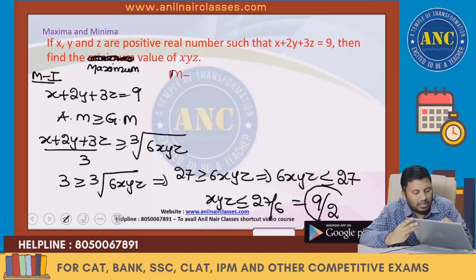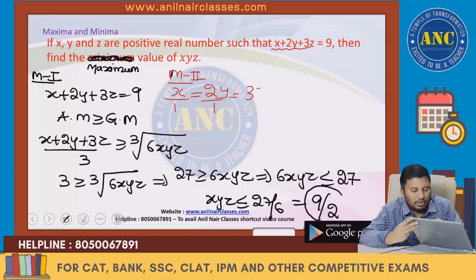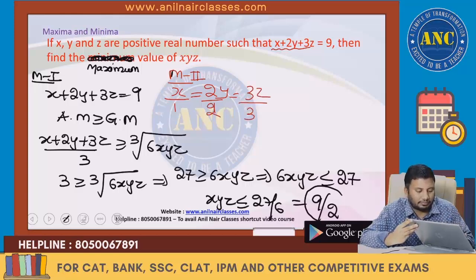Method 2. Please write down method 2. x plus 2y plus 3z: x by 1 equivalent to 2y by 1 equivalent to 3z by 1 if I take.